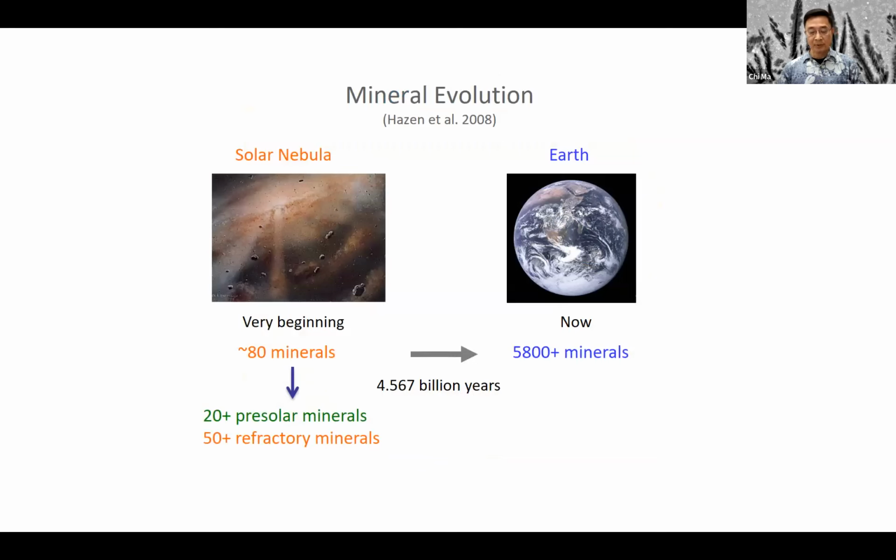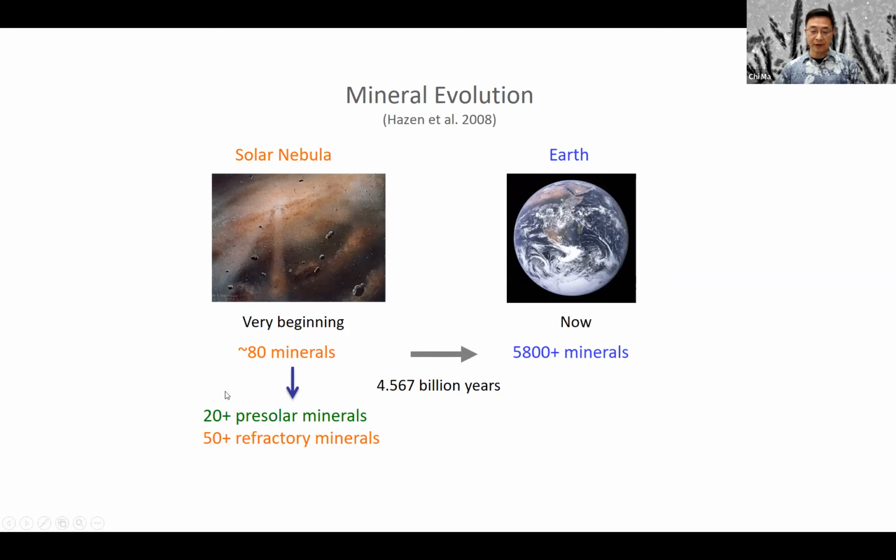Now let's talk a little bit about mineral evolution. I really like this concept proposed by Bob Hazen. Now on Earth, we have accumulated more than 5,800 minerals. Now back to very beginning in the solar nebula, about 80 minerals have been identified, including 20 plus presolar minerals and 50 plus refractory minerals.